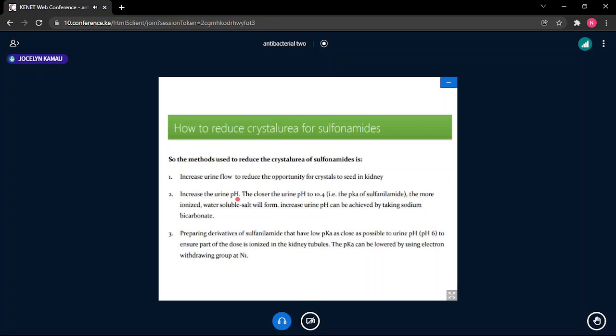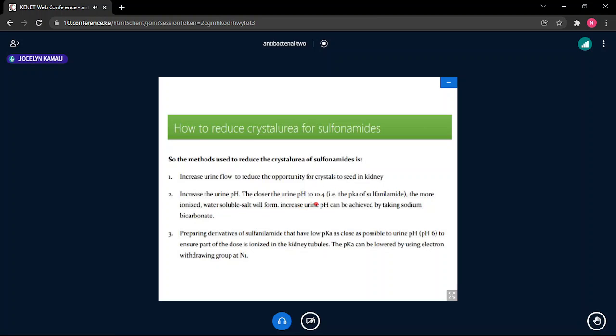So the methods used to reduce the crystalluria of sulfonamide are, one, increase urine flow to reduce the opportunity for crystals to seed in the kidney. One of the ways to increase urine flow is to take a lot of fluids. Doesn't matter what, you increase the urine flow, and therefore reduce the opportunity for crystals to seed in the kidneys. Increase the pH, which we have already said.